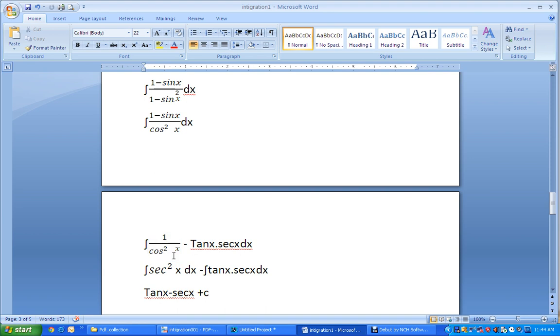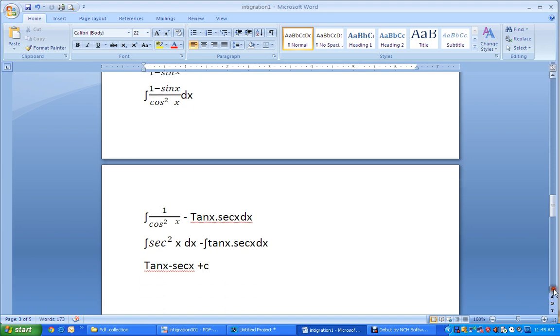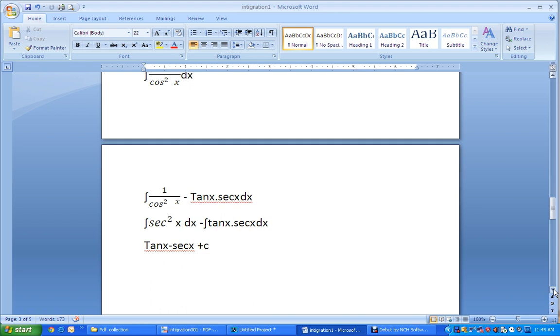Then the second part is the integration of tan x into sec x dx. For secant square x the integration is tan x, and for tan x into sec x the integration is secant x. So this will be tan x minus sec x plus c.